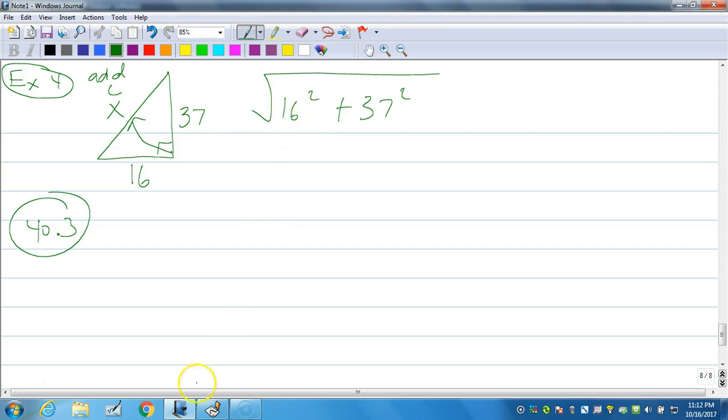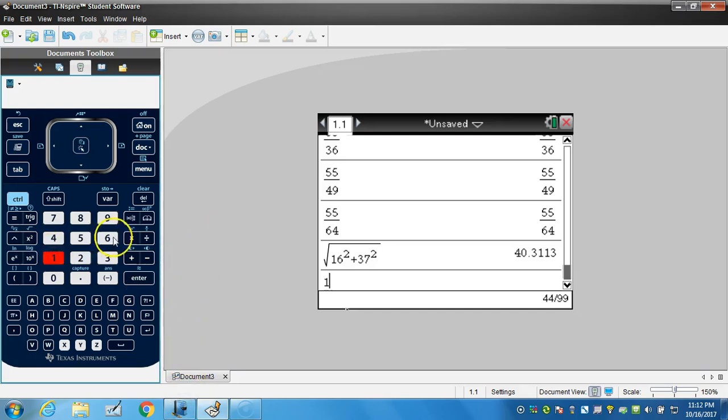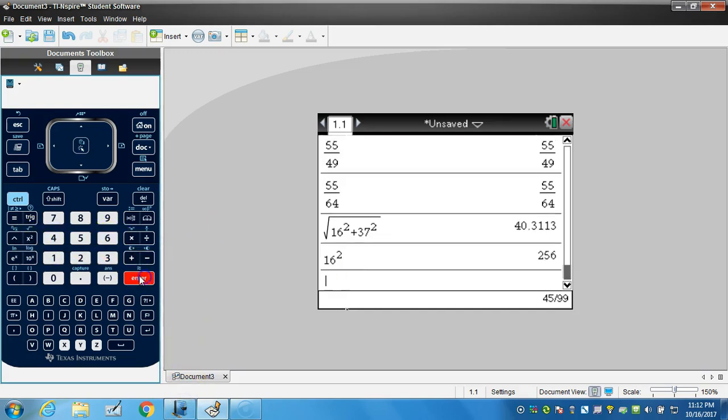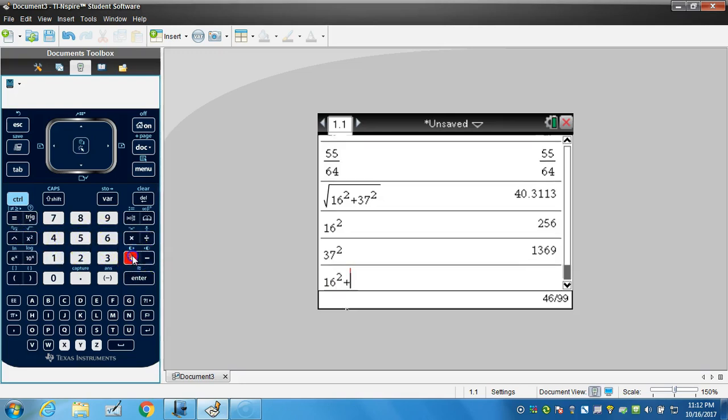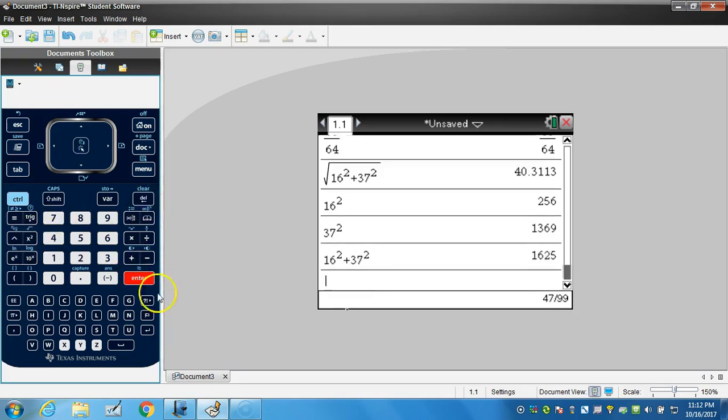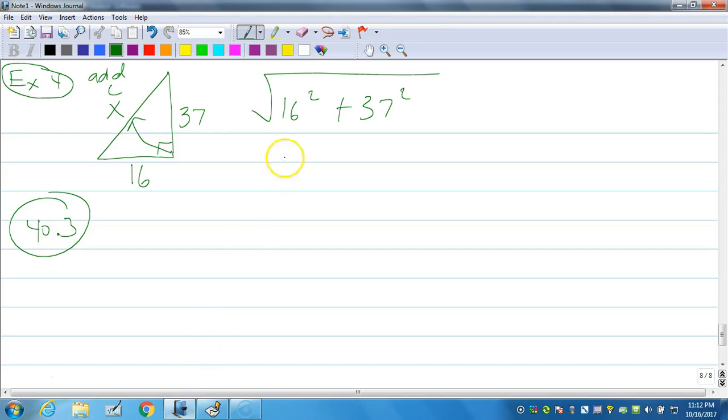So 16 squared plus 37 squared. If we add those numbers together, you get 1625. So this is the square root of 1625.